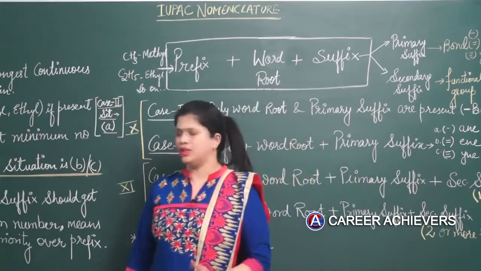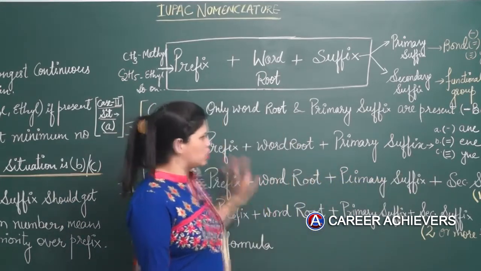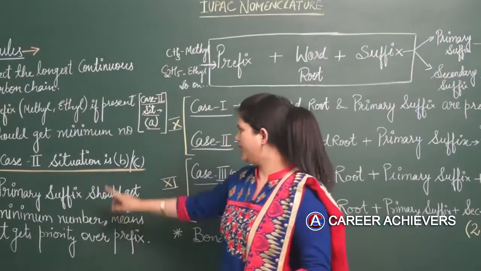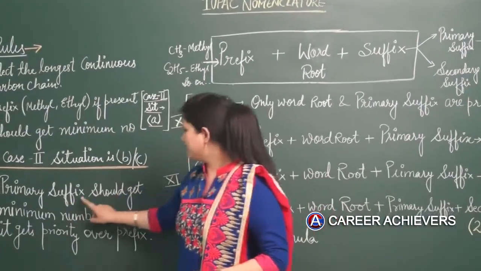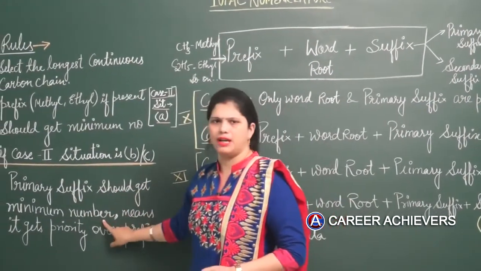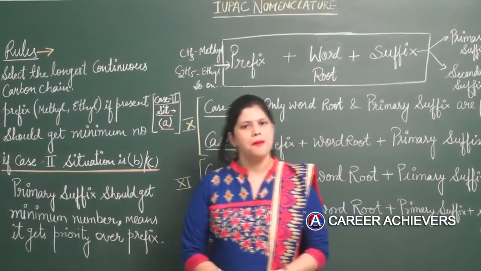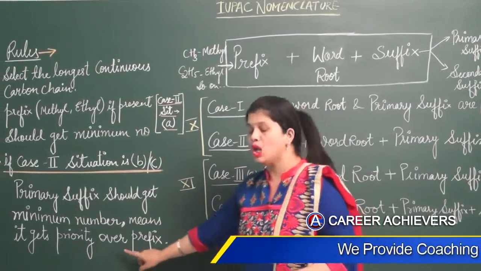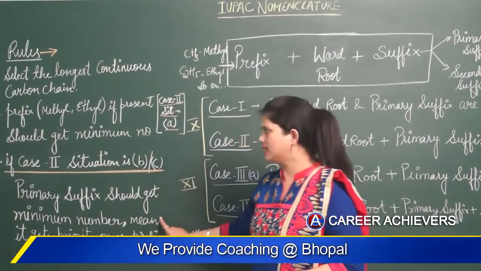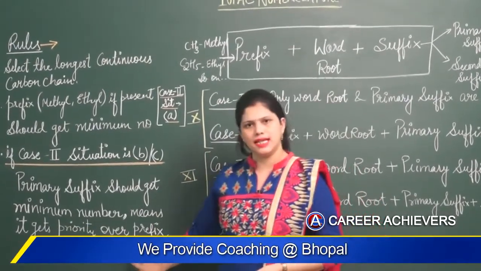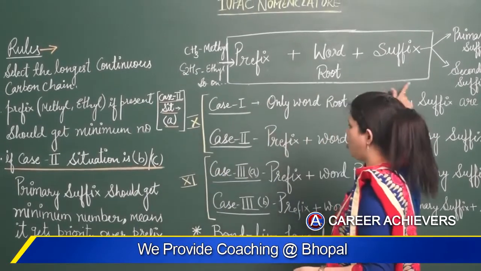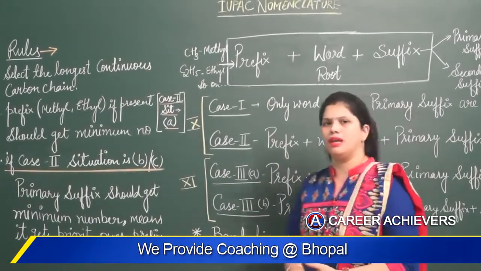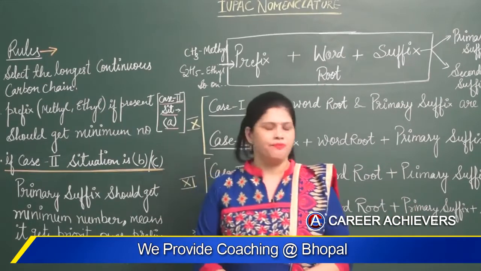Then in this situation, when you have prefix also, the primary suffix should get the minimum number. It means your bond should get the minimum number, and your primary suffix has to get priority over prefix. This is the third rule. If we follow these 3 rules and this single formula, these 2 cases can be 100% completed.